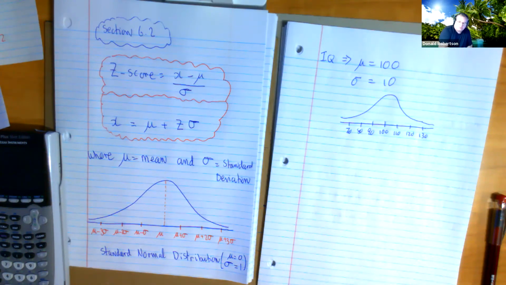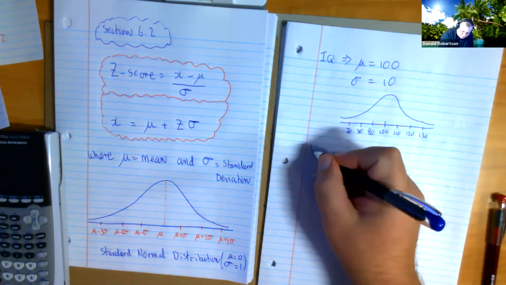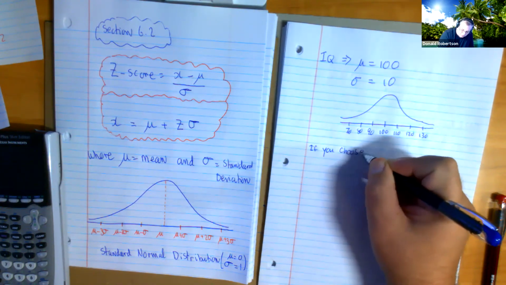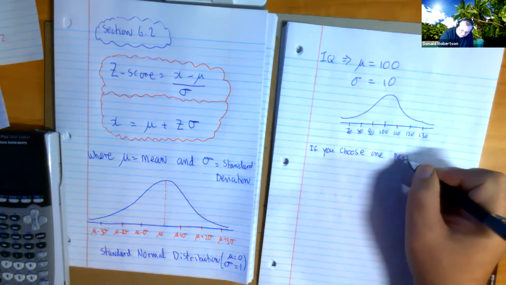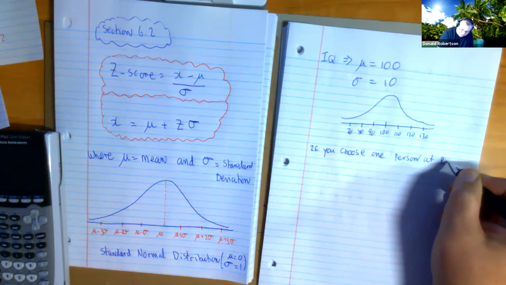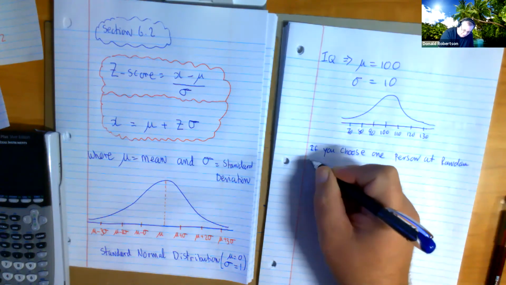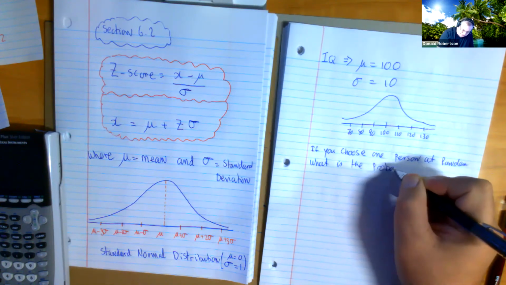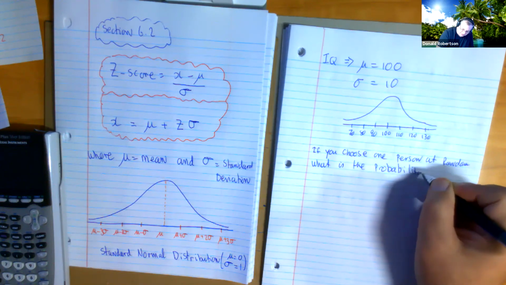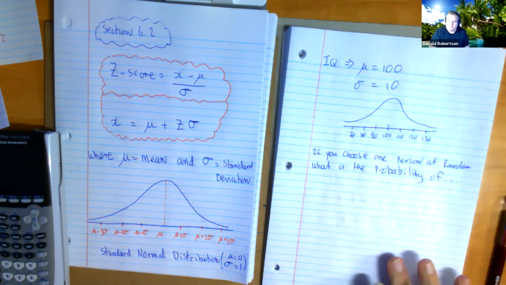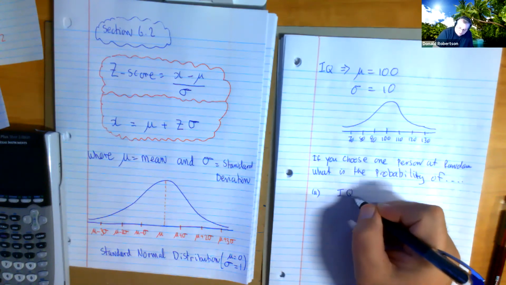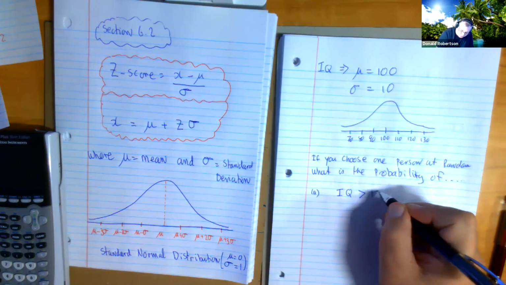So the kinds of questions you're going to be asked are things like, I'll write this sentence down once. If you choose one person at random, what is the probability of, and then, right, so what's the probability then that you get a person whose IQ is bigger than 120?